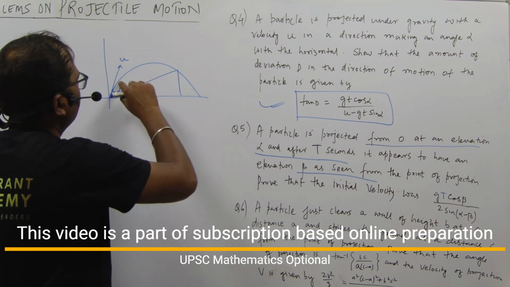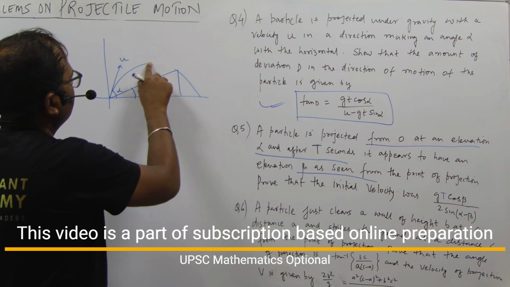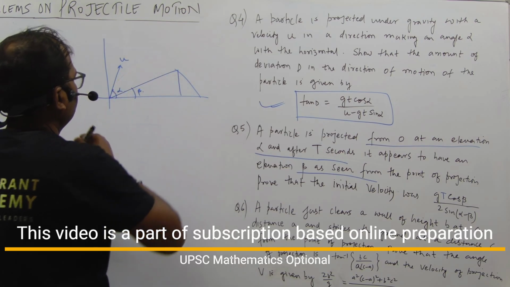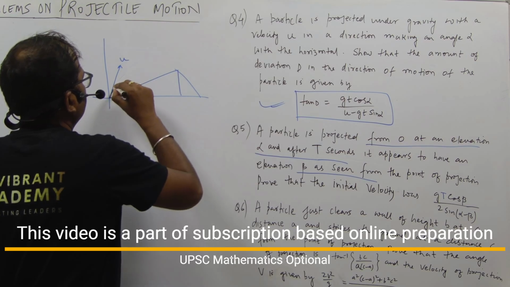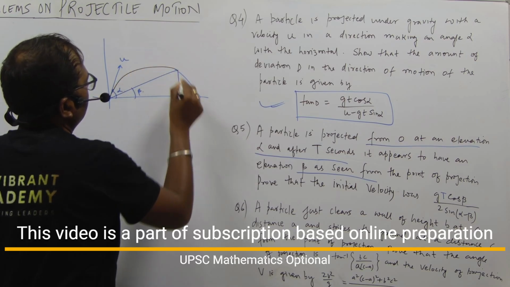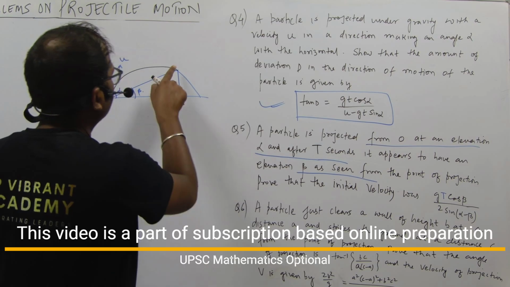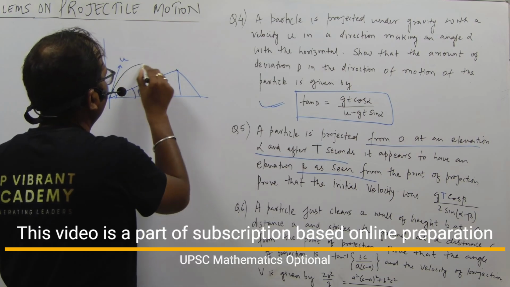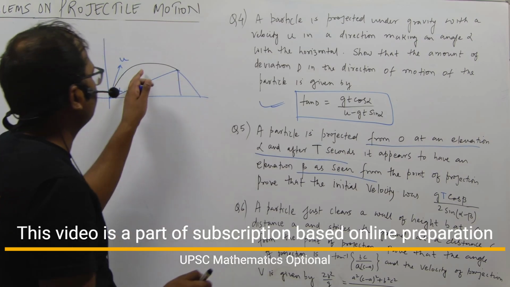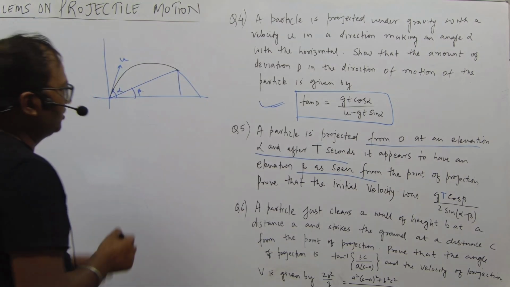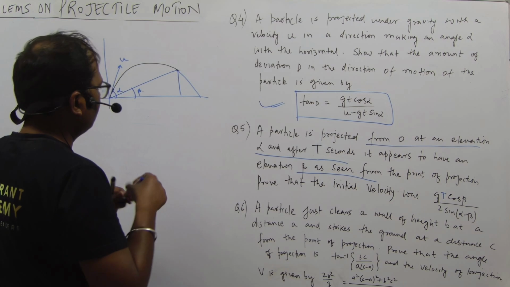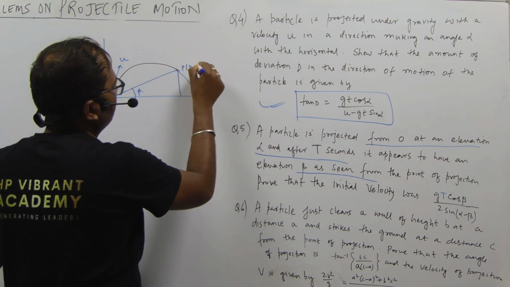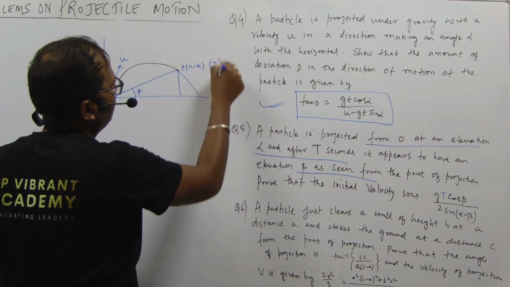This complete path is after passage of time t. So this path is after the passage of time t. Let us take this coordinate as h comma k. So this is P, h comma k, after passage of time capital T.